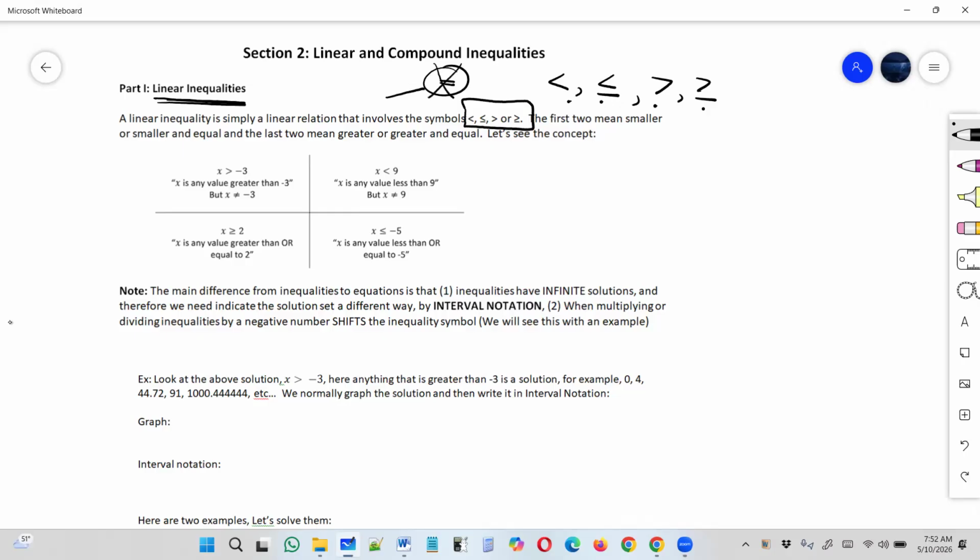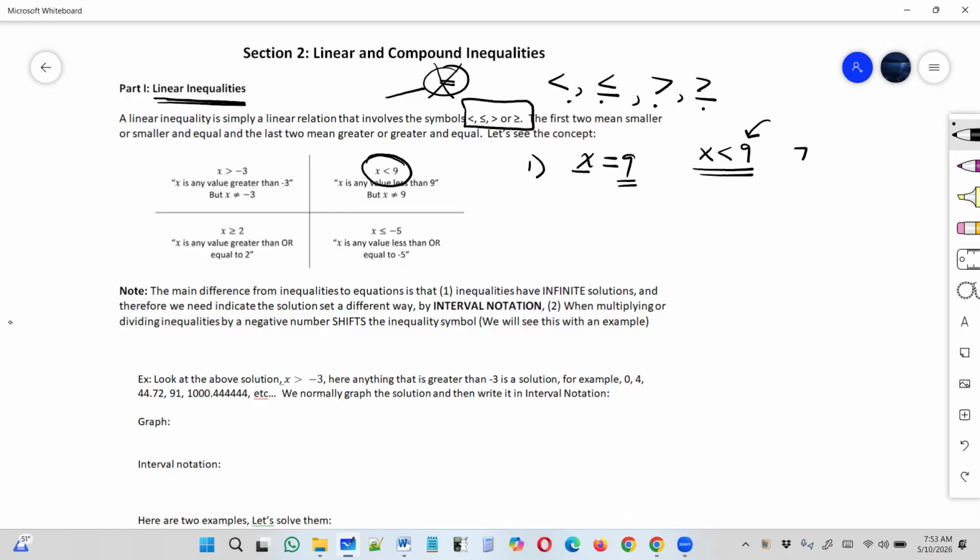Now, what's important here, in addition to these four symbols, is that once we reach a solution, let's say, compared to what we had before, x equals 9, that means that 9 is the only solution to x because of the equal sign. If we have something like x less than 9, that means any number less than 9 is a solution.